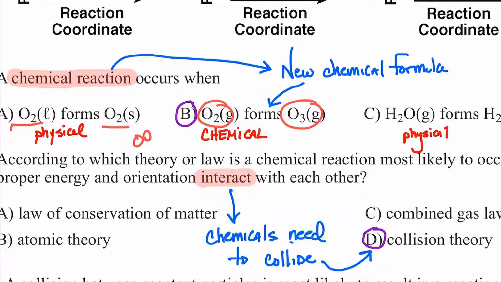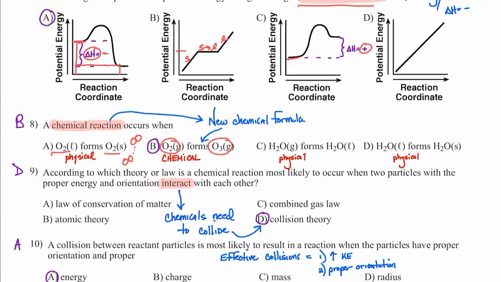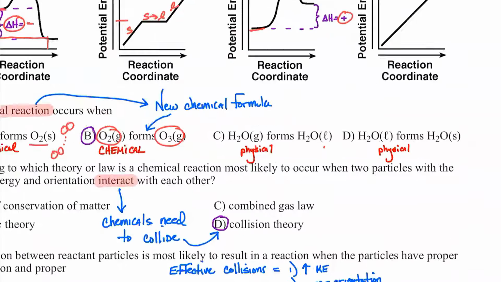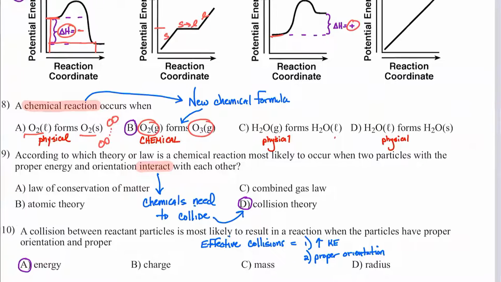All we're doing is essentially changing the distance between those molecules, and the same thing with C and D. Remember, we overcome intermolecular attractive forces to change a gas to liquid. In this case, we release heat as a gas becomes a liquid, but again, there are energy changes and phase changes, but these are physical changes. They're phase changes. The chemical formula is not changing.